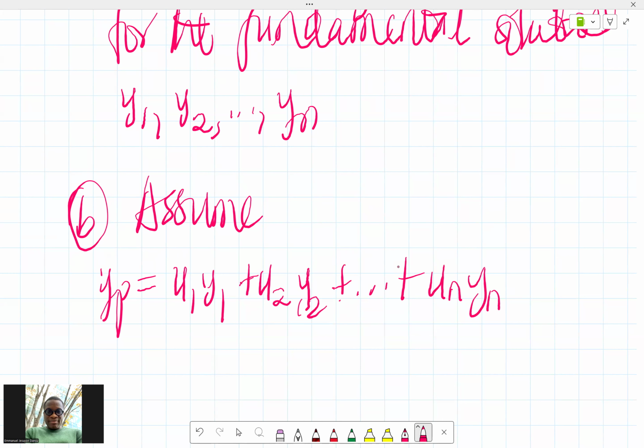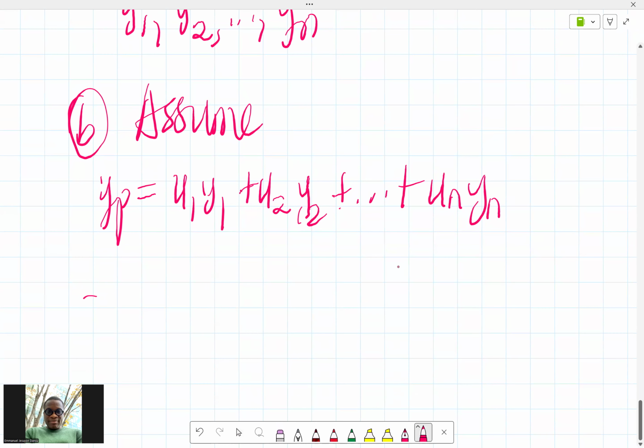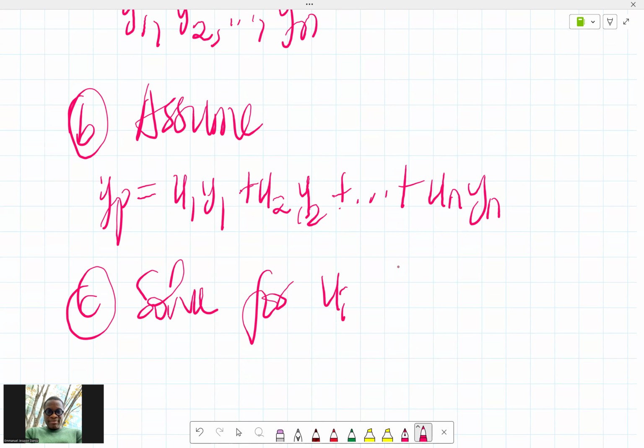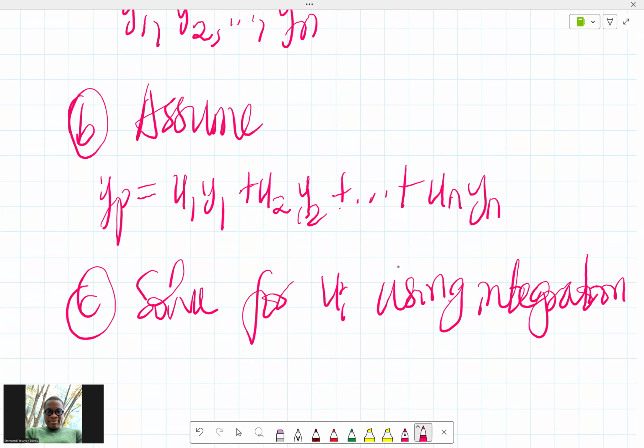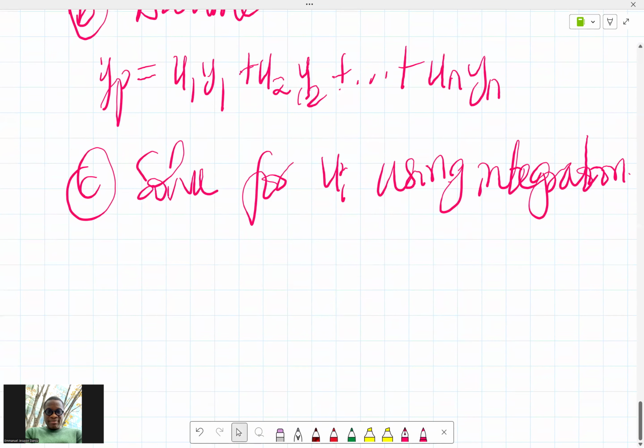Then you can solve for all the u's using integration. We did that with variation of parameters, so you can refer to that video if you have not seen it.